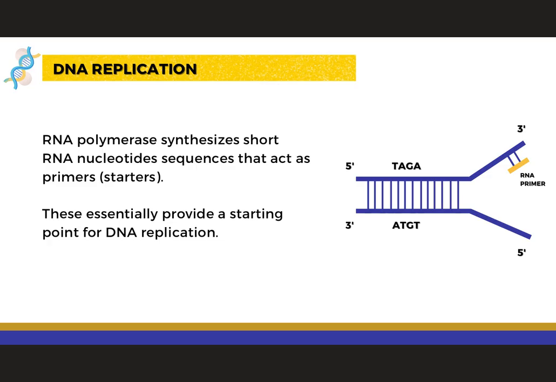So next, your RNA polymerase or your RNA primase synthesizes a short RNA nucleotide sequence that acts as primers or starters. These essentially provide a starting point for DNA replication.